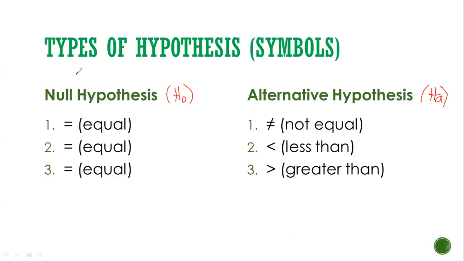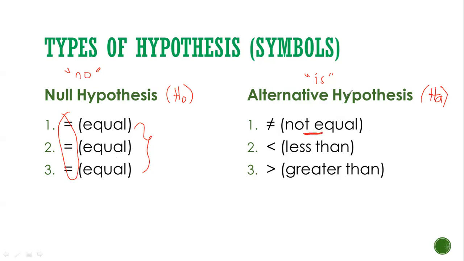Okay? So, dito, no difference. Dito, there is a difference. So, we will use your equal sign. So, kapag null hypothesis, equal ang gagamitin. Whereas, if it's alternative, pag hindi natin alam, not equal ang gagamitin.